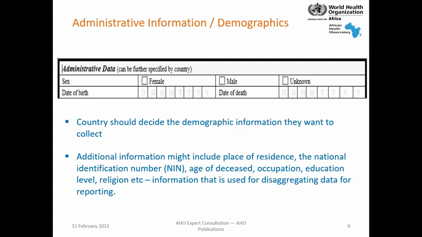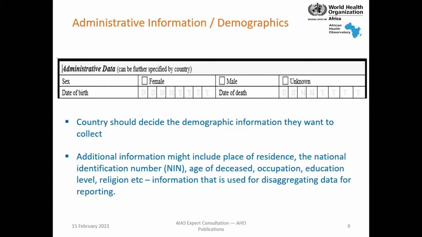The guiding principle is that the level of data disaggregation you need at the country level informs how this administrative data is adapted. If you want to disaggregate data by sex, by age, by residence, by occupation status, by education, by district, by province, this is where you can put as much information as possible.